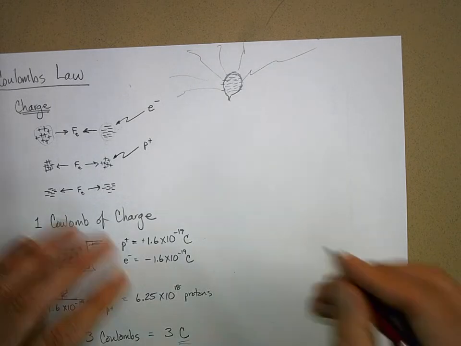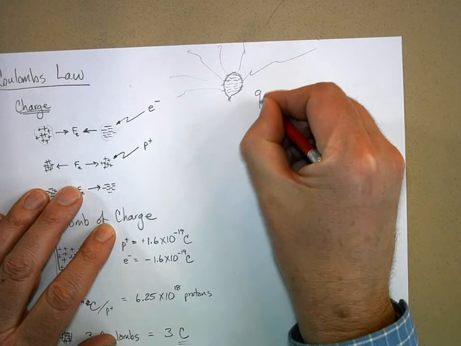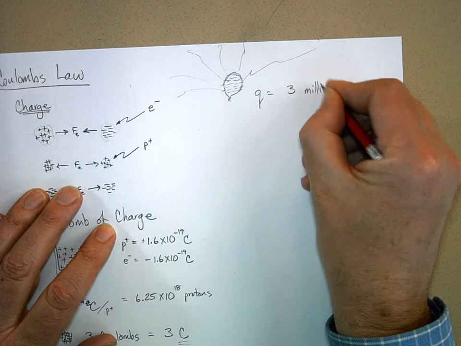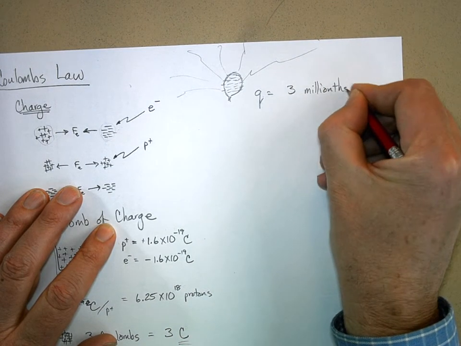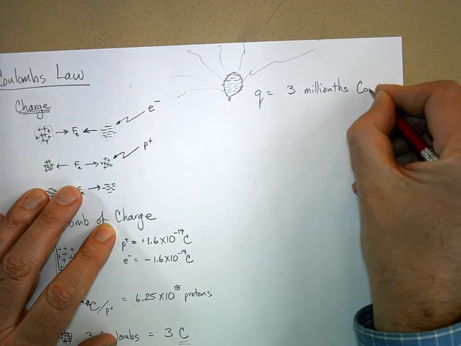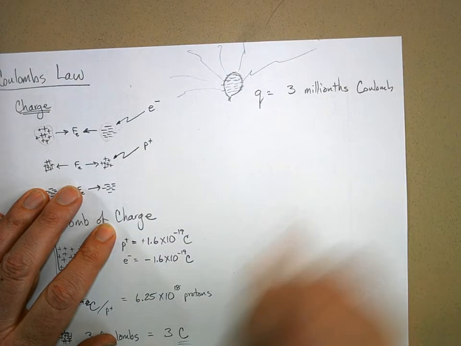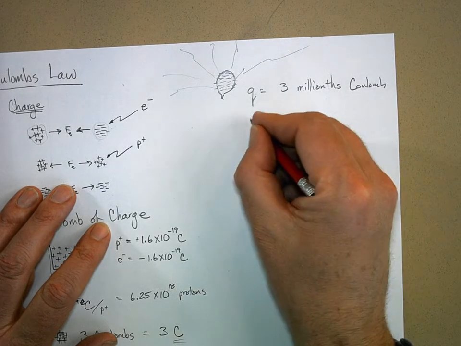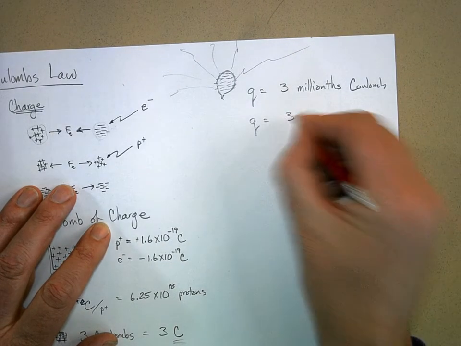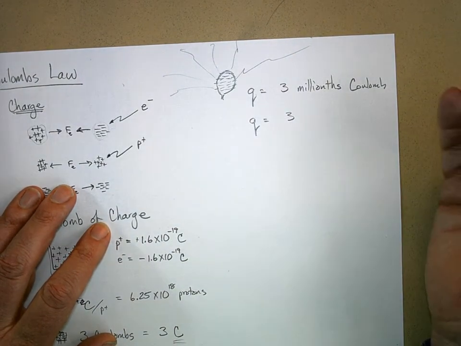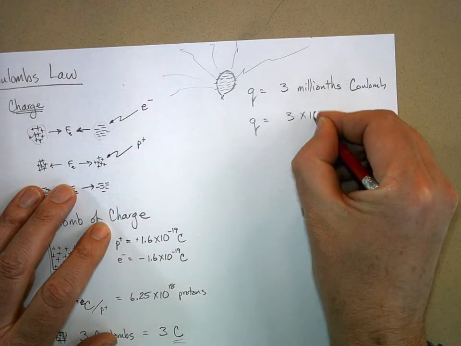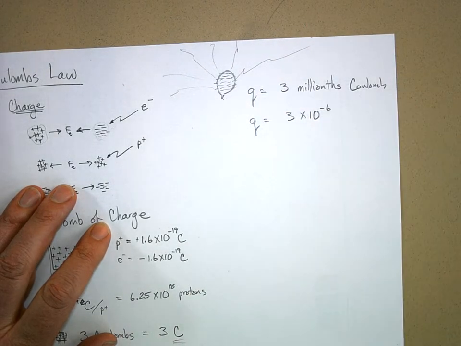So you would say a charge might be 3 millionths of a Coulomb. Well, this is awkward. So usually we use scientific notation, and you say, well, that's 3, what is a millionth? 10 to the negative 6.